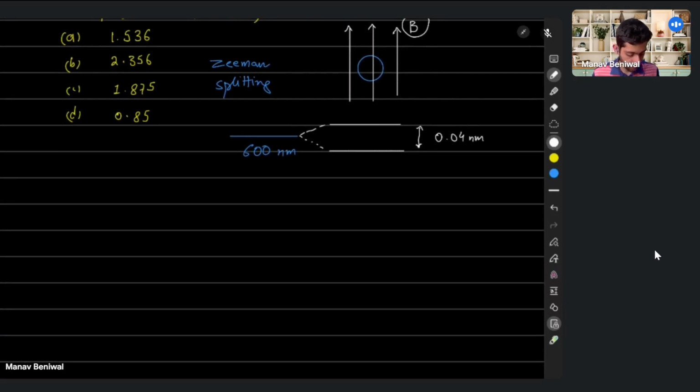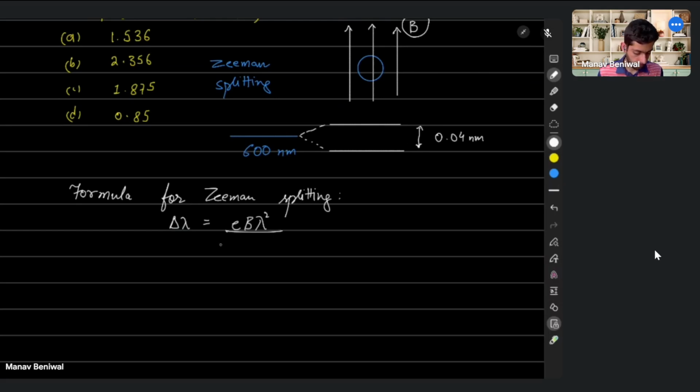So we have the formula for Zeeman splitting. The formula is delta lambda equals the expression here. Now we want to find out B, so we can rearrange the terms.